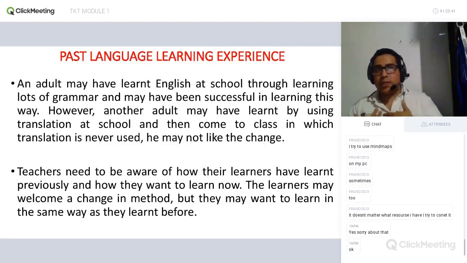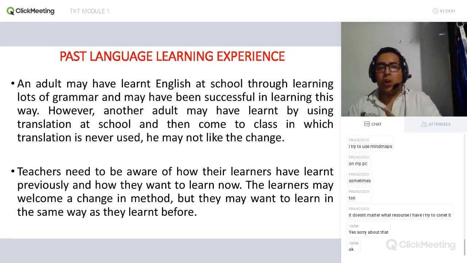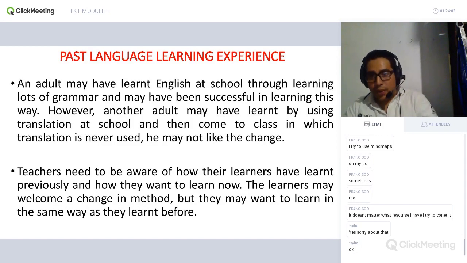So maybe your strategy, or your method, is going to use translations sometimes. Or the other person says, no, I want to speak. So in this case, maybe you will speak most of the time in English because the adult wants to speak English, and so on. But you are going to do that little by little, and you need to be aware of their learning experience.